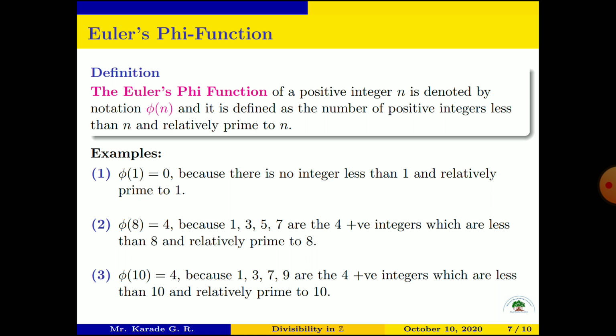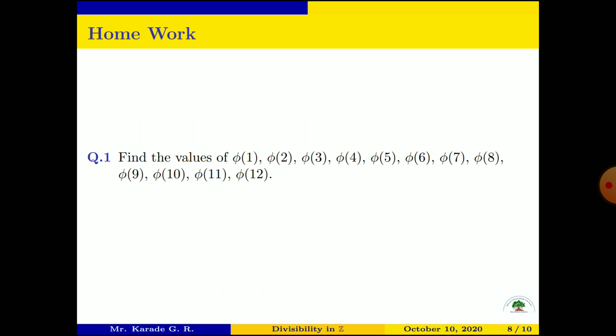So similarly, we can find all the values of Euler phi function of positive integers 1, 2, 3, and so on. Let us take one homework for you.